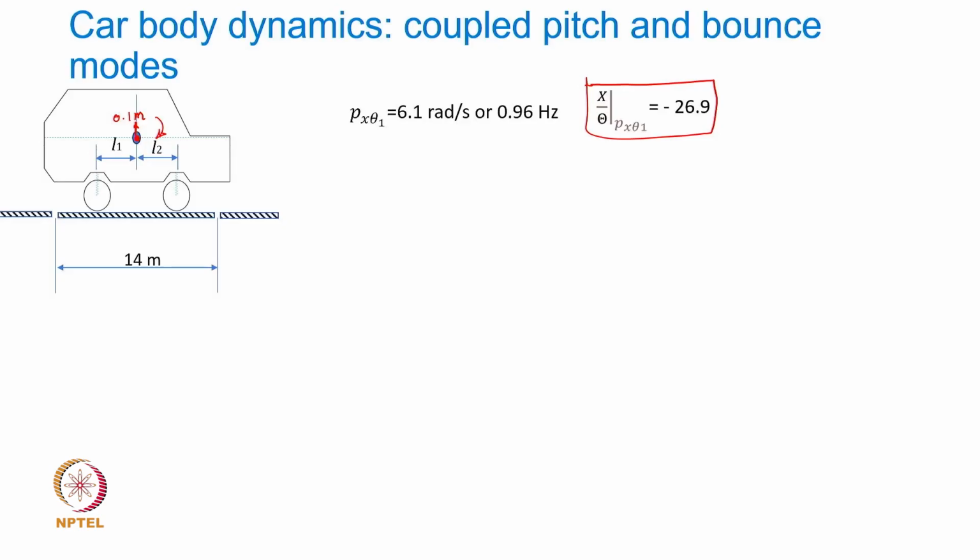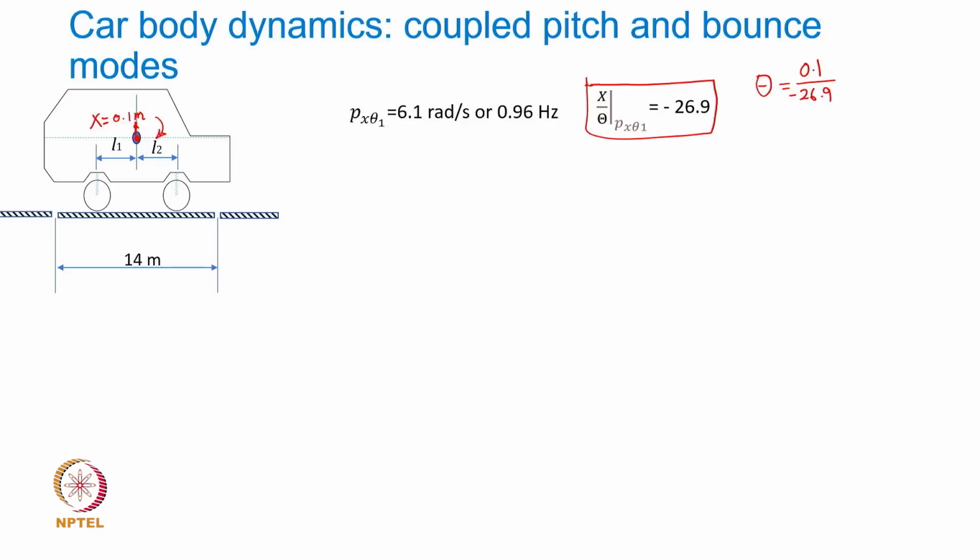So, if the body displaces by x equal to 0.1 meter, okay, then I can find out what would be the corresponding pitch, right? And that would be how much? It is going to be 0.1, that is capital X, divided by minus 26.9, whatever that value turns out.